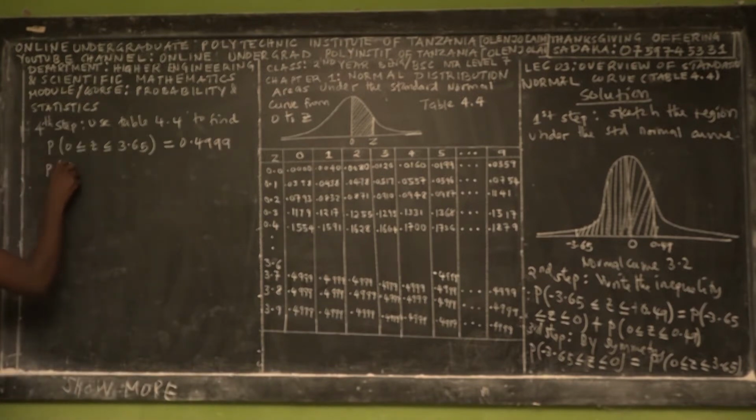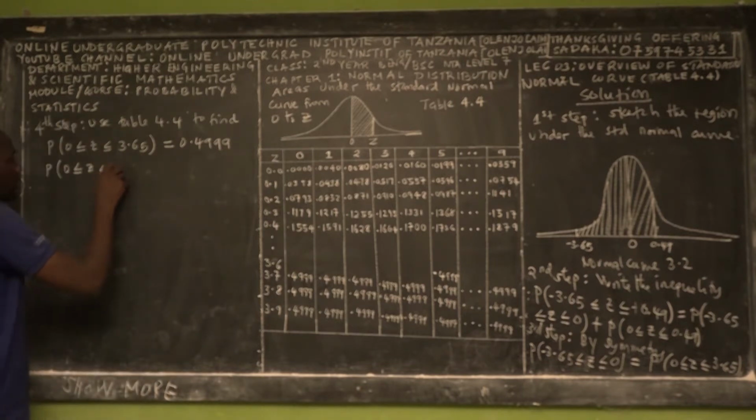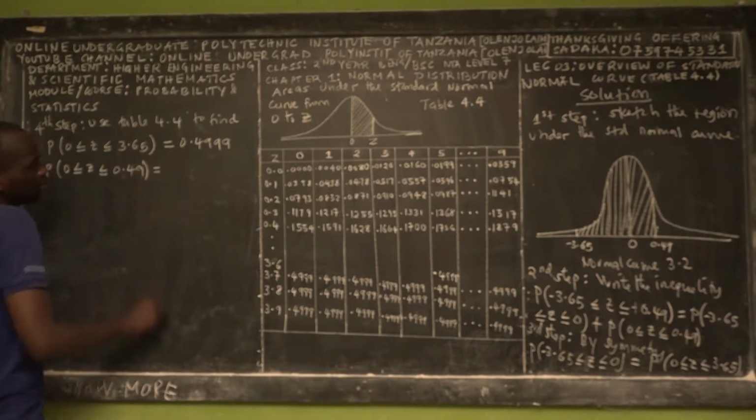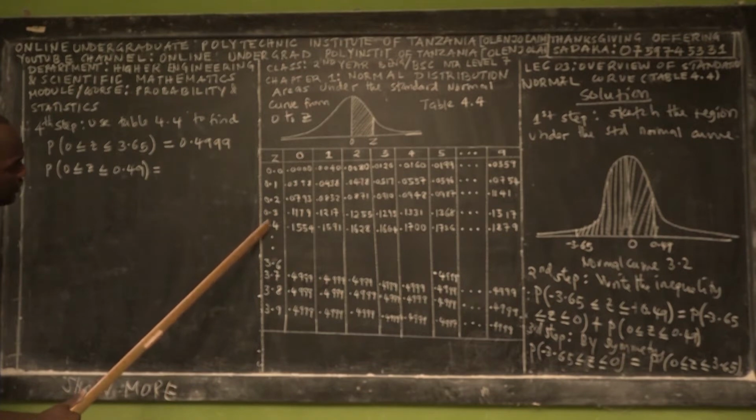So again, you have the probability from 0 less than Z less than or equal to 0.49.